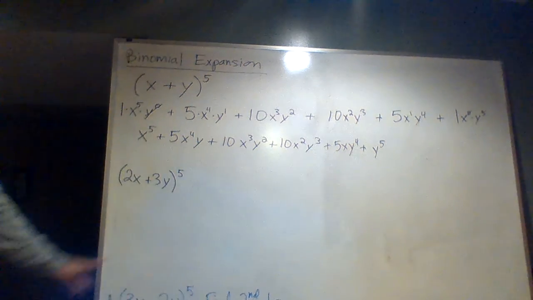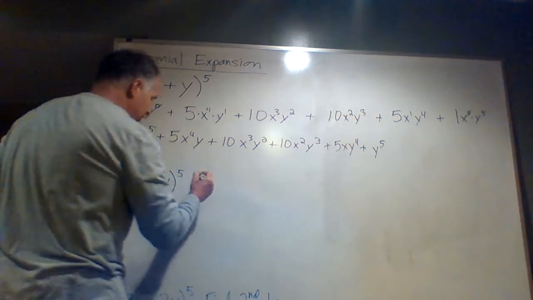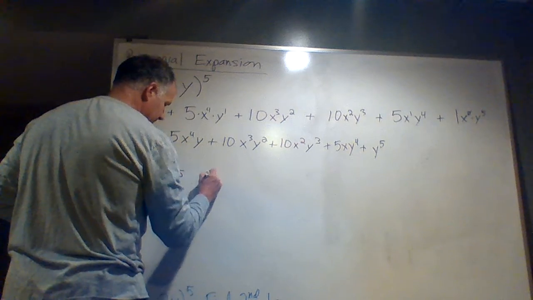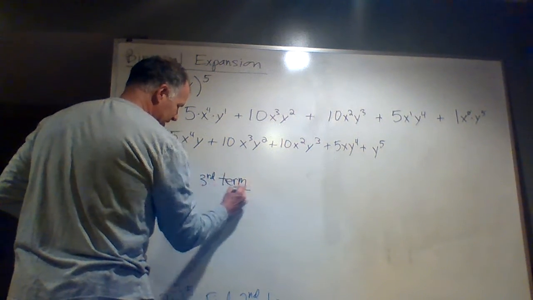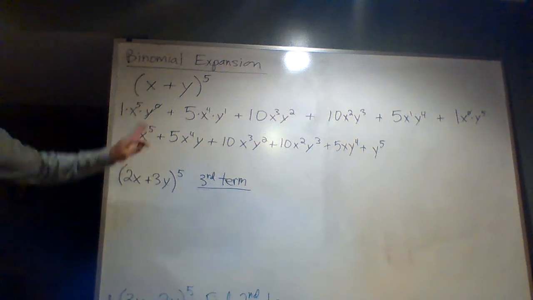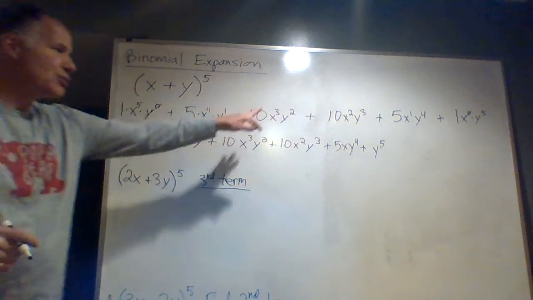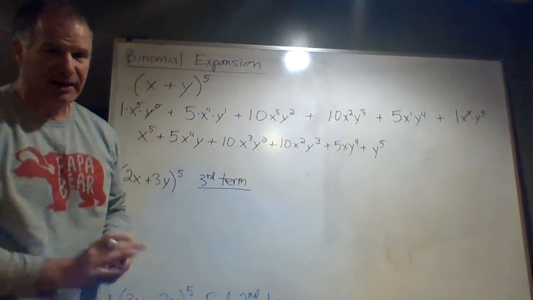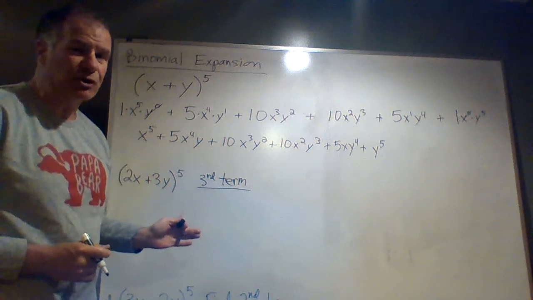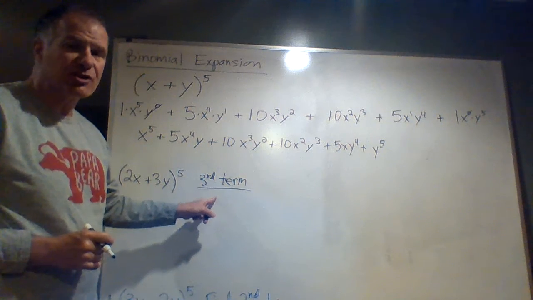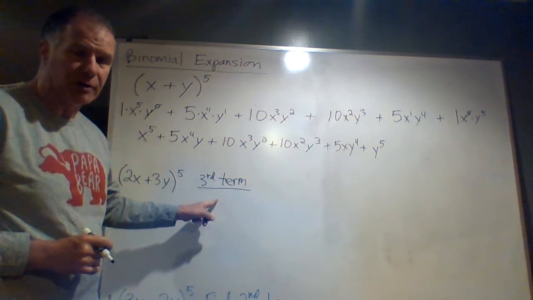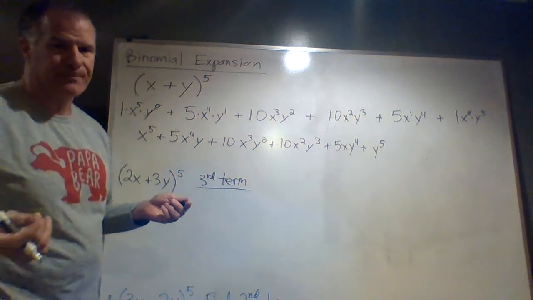So I'm just going to say, okay, on this one, let's find the third term. So we're only going to find the third term. Now, we still are going to have to do some of this pattern. That's the thing. If you remember, you still have to do some of the pattern, but the only one I need to actually completely solve for is the third term. And then remember, it'll be multiple choice.